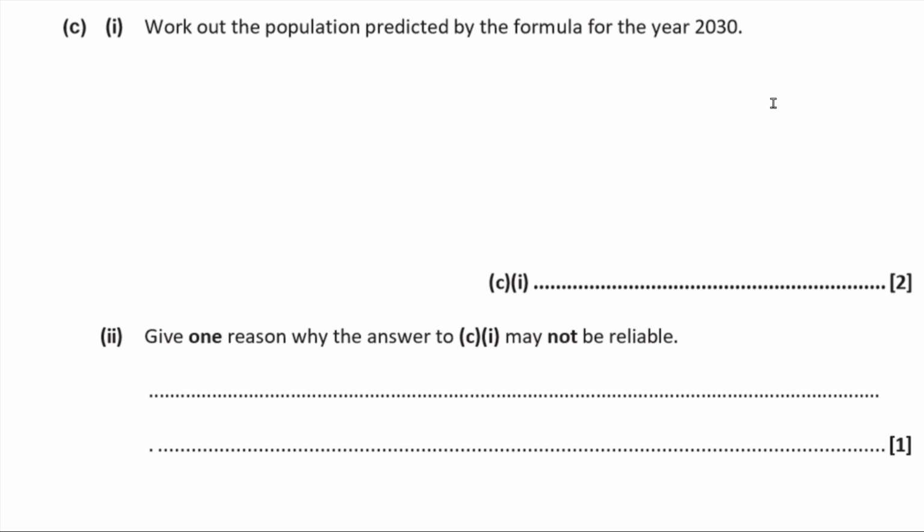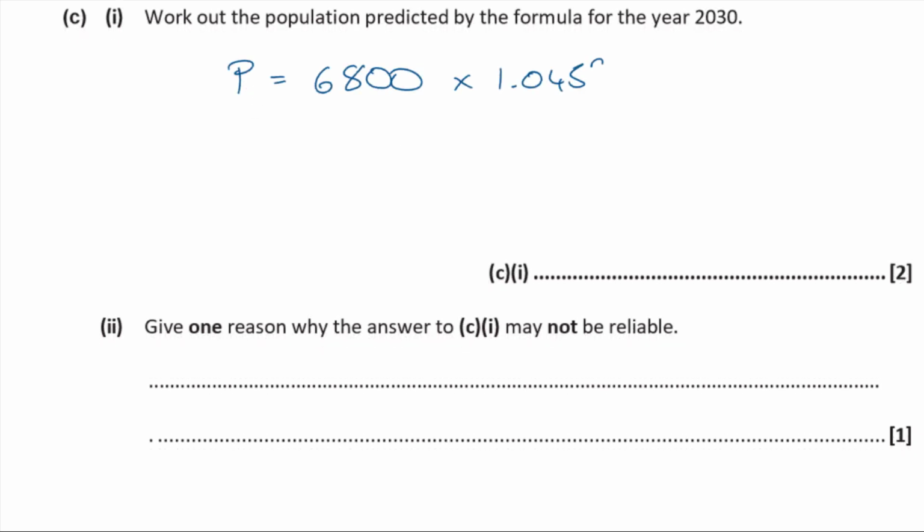Part C part 1 says work out the population predicted by the formula for the year 2030. So remember, the formula was population is equal to 6,800 times 1.045 to the power of n, where n is the number of years after 2018. So what is n first off? 2030 minus 2018, what's that then? That is a difference of 12 years. So n is equal to 12 here, isn't it?